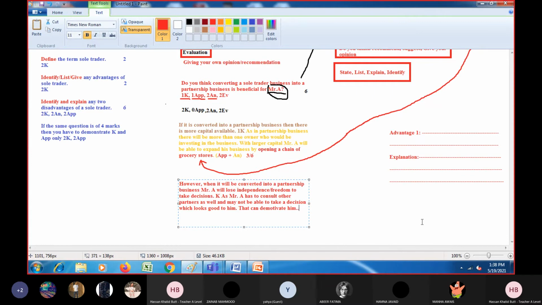Although it was not required also. Why was it not required? Because there is only 1 mark for the application. But I can use the application. Let me show you how I can use it, so that you can get a better idea.